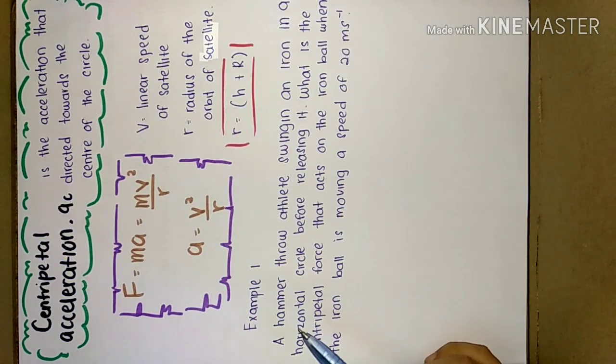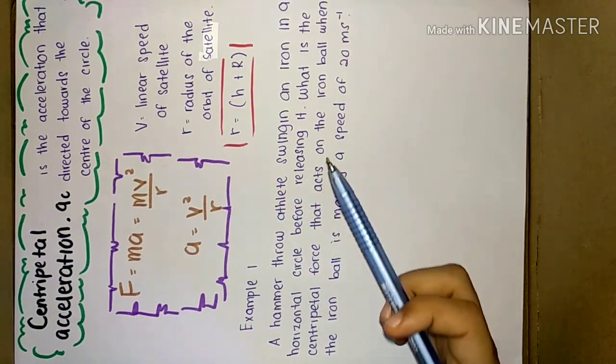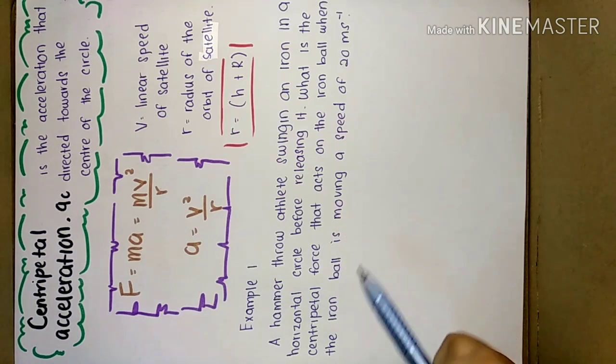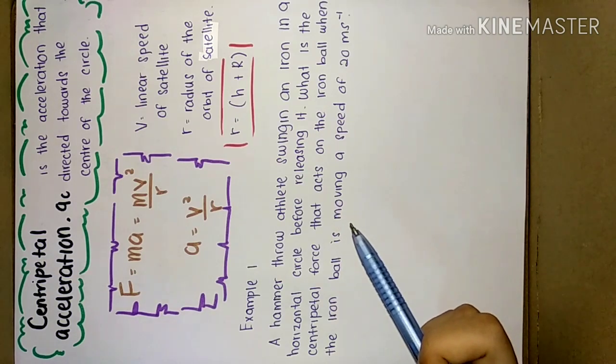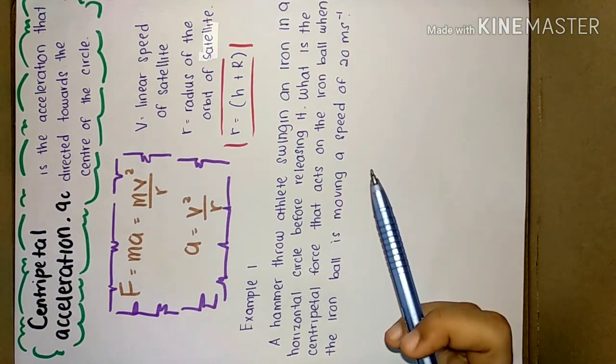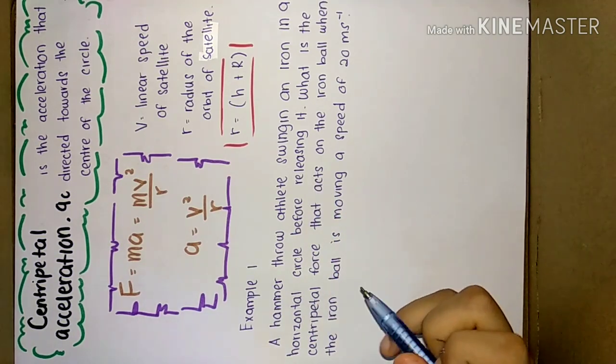Okay, so let's answer the example. A hammer throw athlete swings an iron ball in a horizontal circle before releasing it. What is the centripetal force that acts on the iron ball when it is moving at a speed of 20 meters per second? Let's list the information that we have.